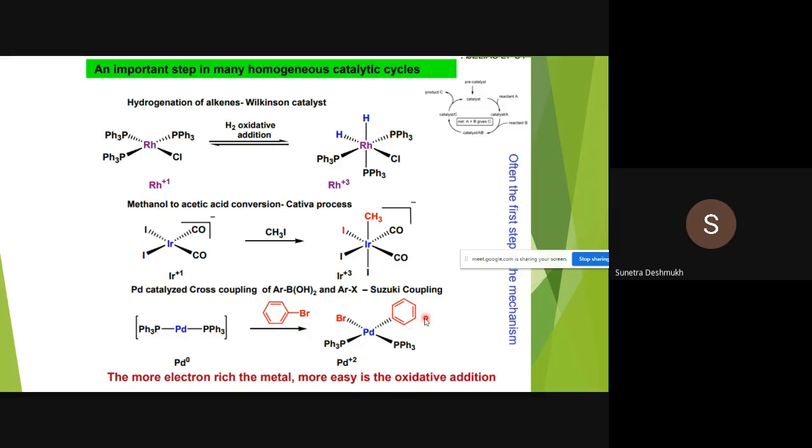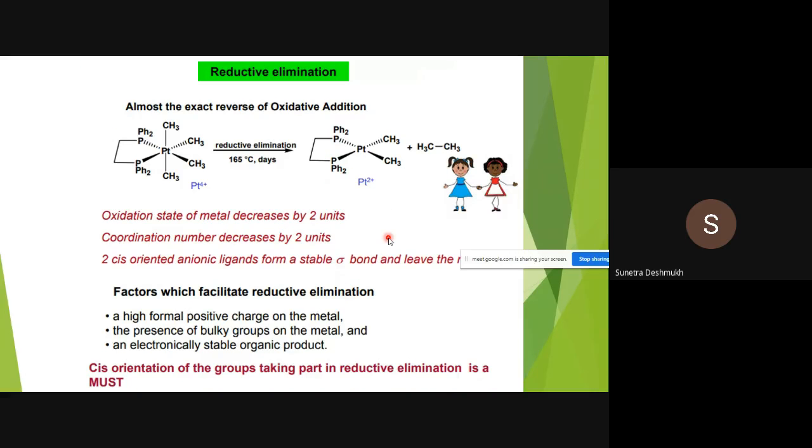Okay, it can share its electrons with another ligand. So here palladium shared 2 electrons with 2 different ligands to form these bonds, and that's why now the oxidation state is +2. Okay, this is the oxidative addition reaction to the transition metal.